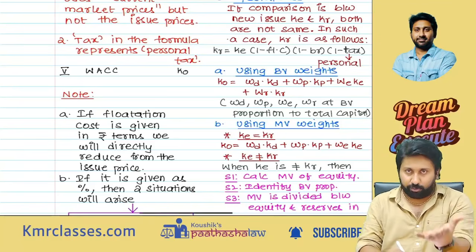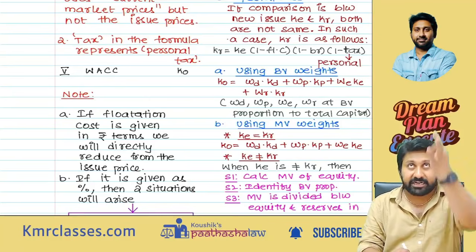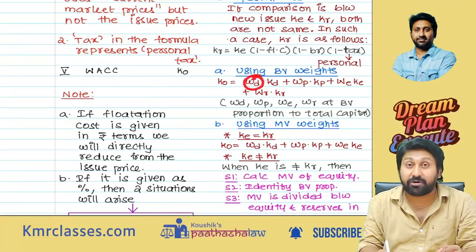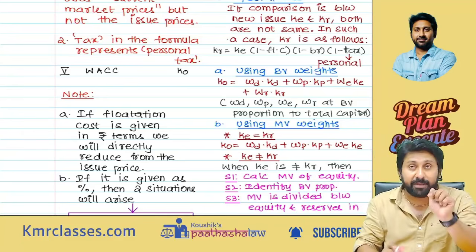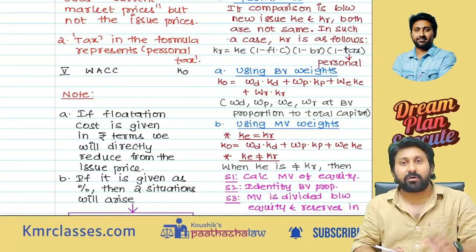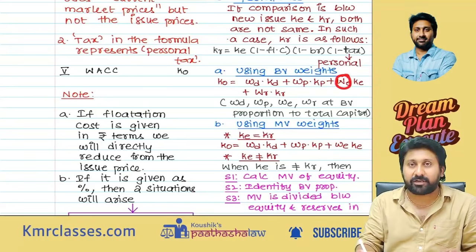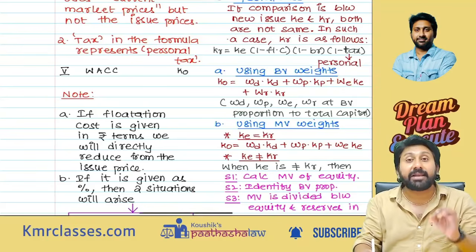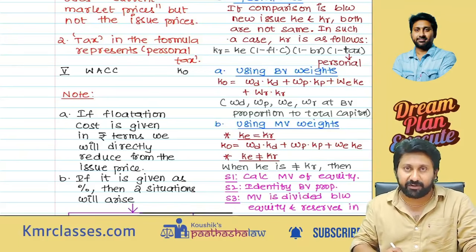I have 100 rupees. 30 rupees I kept in debt, so 30 by 100, 30% will be WD, the weight of debt. I kept 20 rupees in preference, 20 by 100, 20% will be WP. I kept 40 rupees in equity, 40 by 100, 40% is WE. 10% is in the form of reserves, 10 by 100, 10% is the weight for reserves.